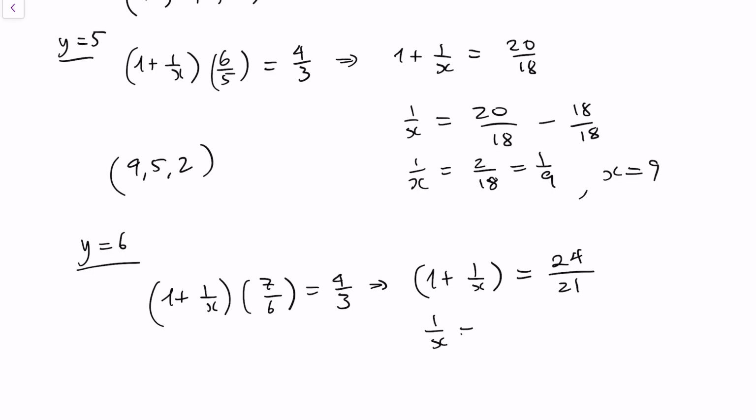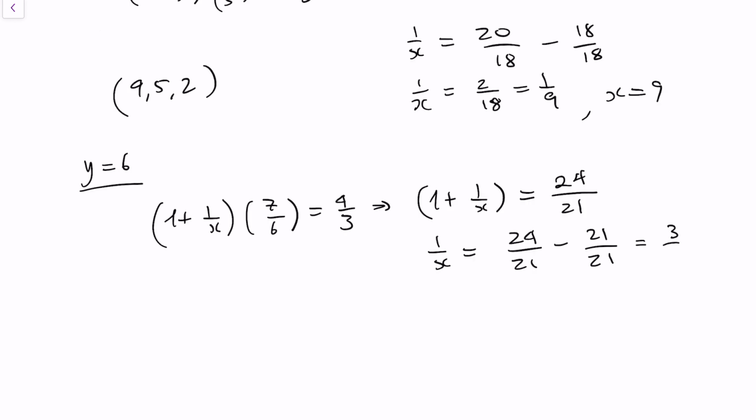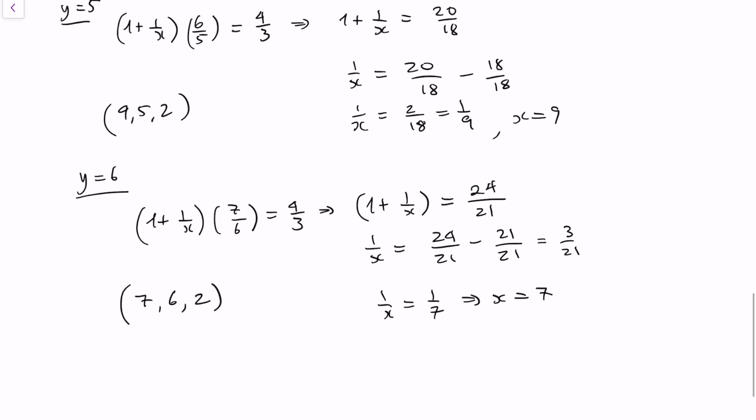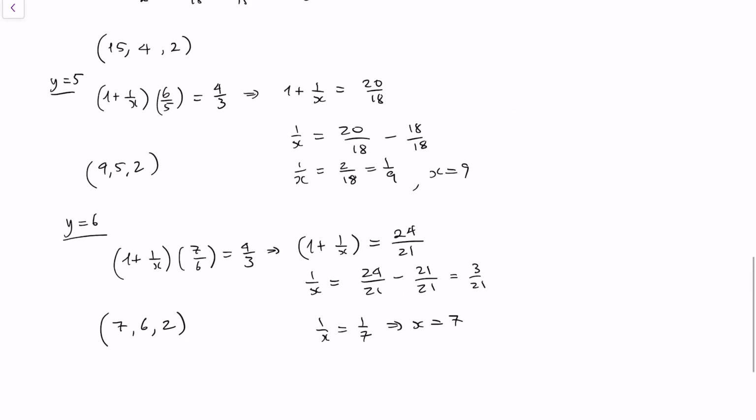So 1 over x is equal to 24 over 21, take away 1, that's equal to 3 over 21. So 1 over x is equal to 1 over 7, which implies x is equal to 7. And the third solution is 7, 6, and 2. That's the third solution, okay? So we found 3 sets of solutions here.